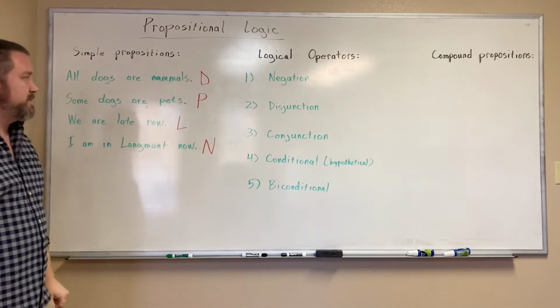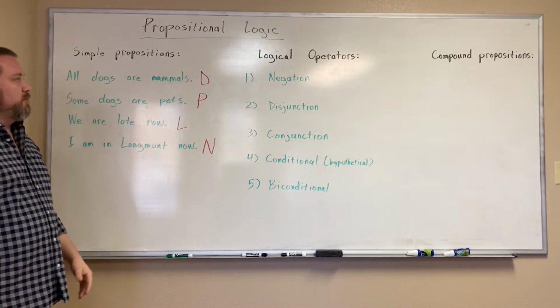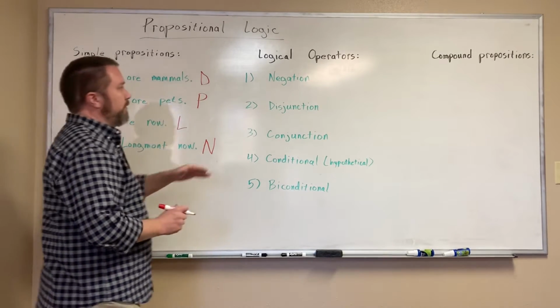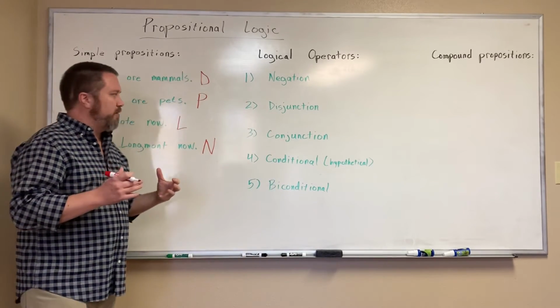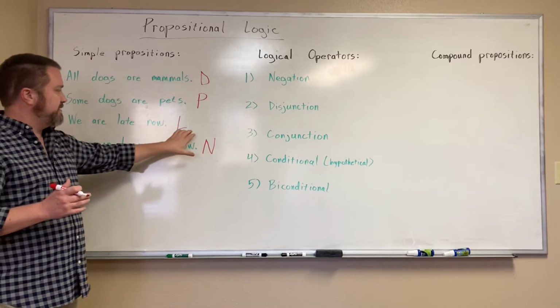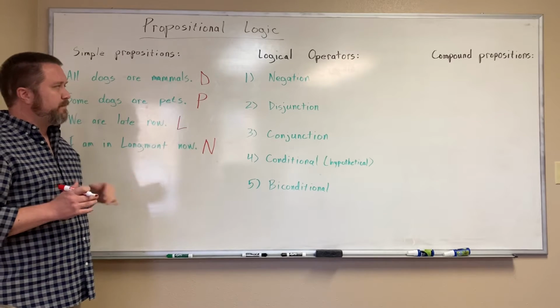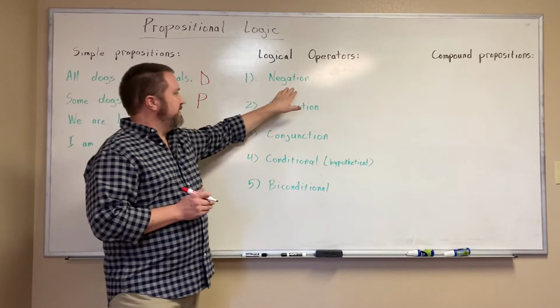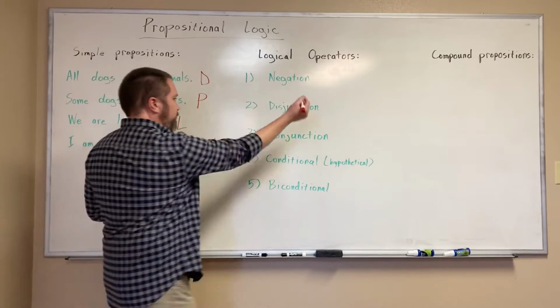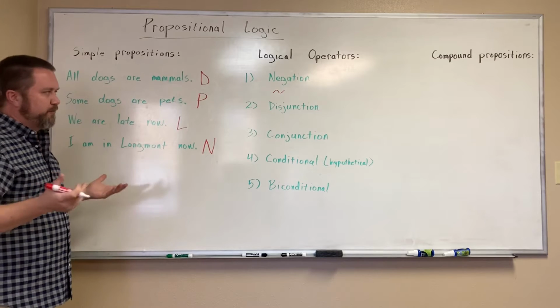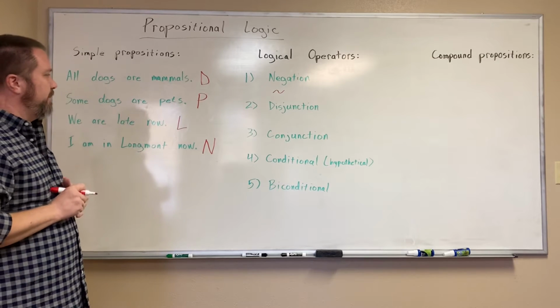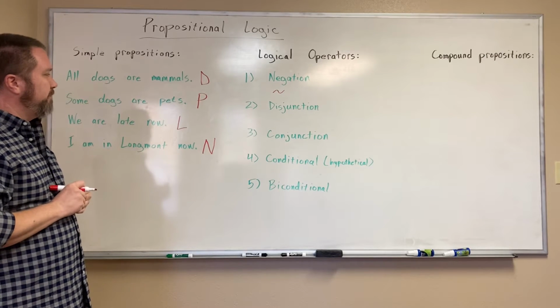So next thing you need to know, we'll be using 5 logical operators. So these are ways to combine these different statements. The first one is negation, which we'll be using a tilde, which you can write on paper, and there's a keyboard input for it.